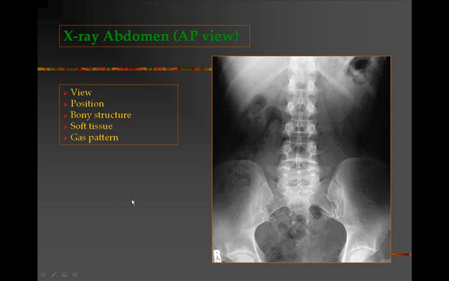The bony structures visible in this X-ray include the vertebral column, consisting of the lumbar vertebrae here, the 11th and 12th ribs on both sides, the sacrum, seen here with its associated sacroiliac joints, and then the pelvic bone.